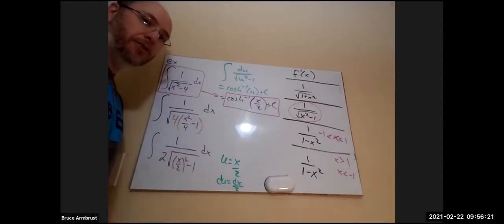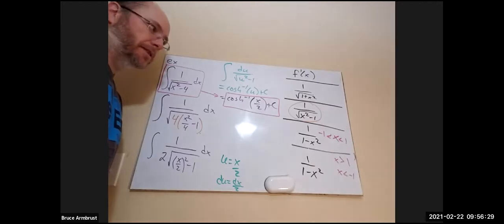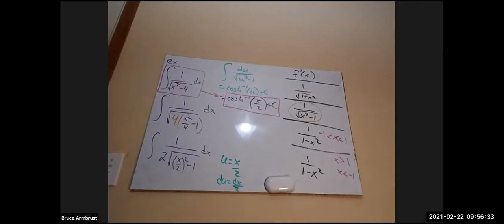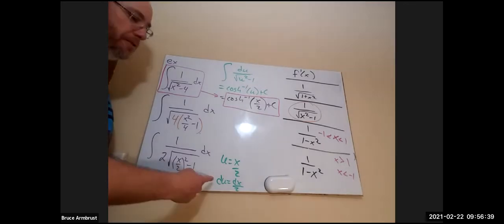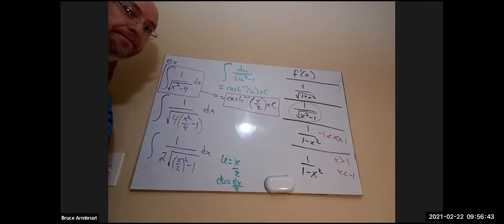It might actually give it to you in terms of e. Sometimes these things will return it with the exponential forms, but regardless, your technology can handle it. All right, so we did a little bit of algebra to get us to a point where we could do a u substitution, which brought us to an inverse trig.